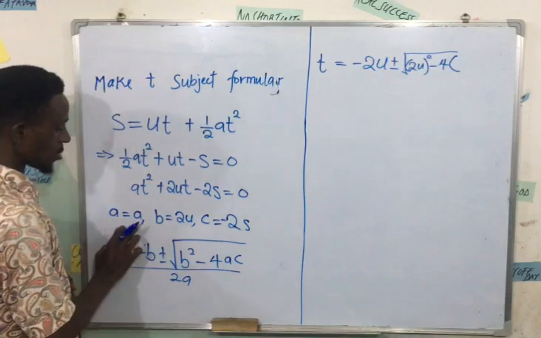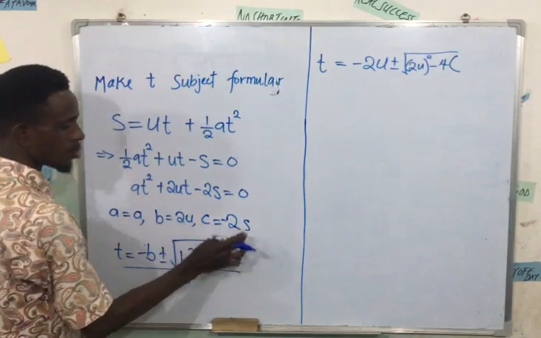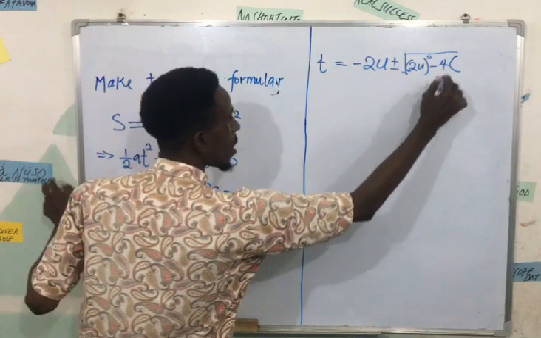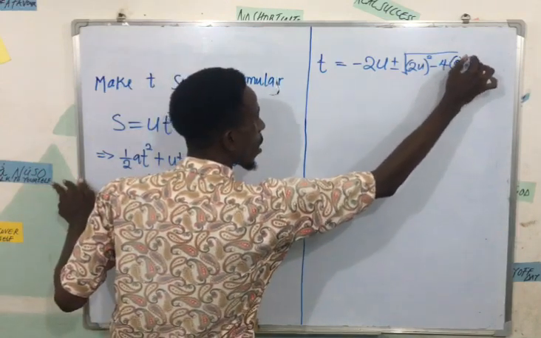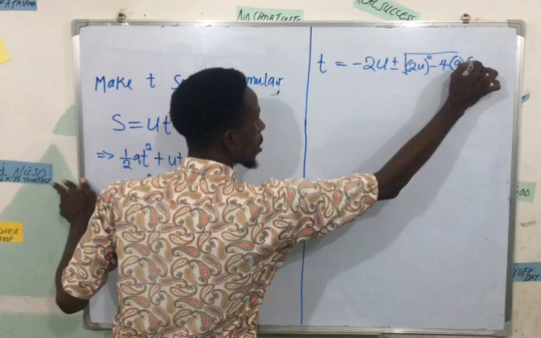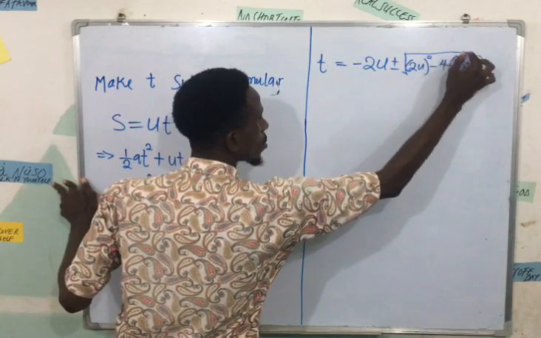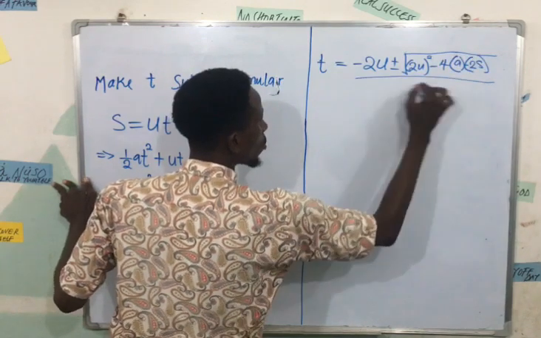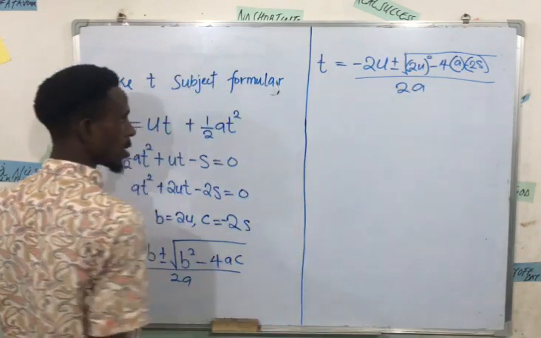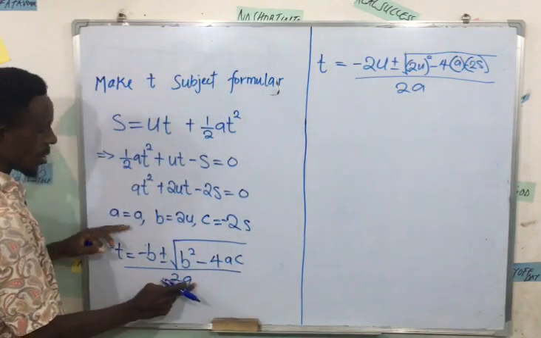My a is a, and my c is minus 2s, all over 2a, right? 2 times a here is 2a.